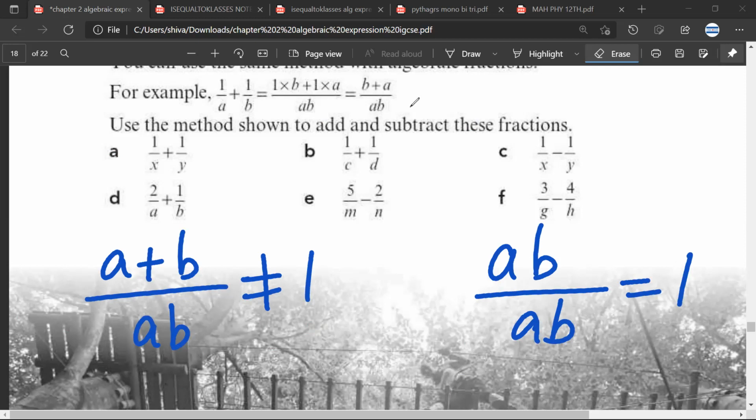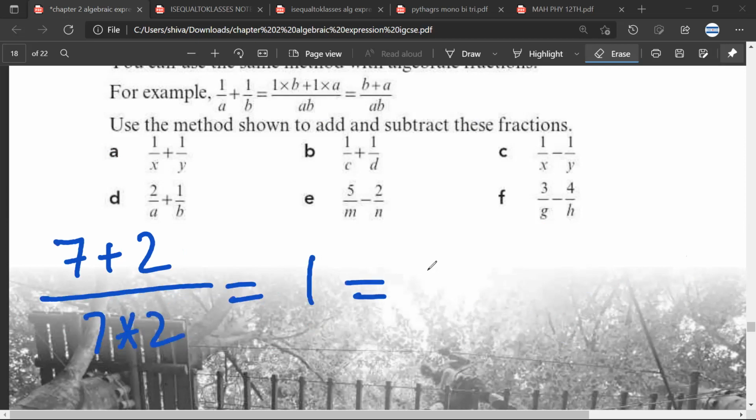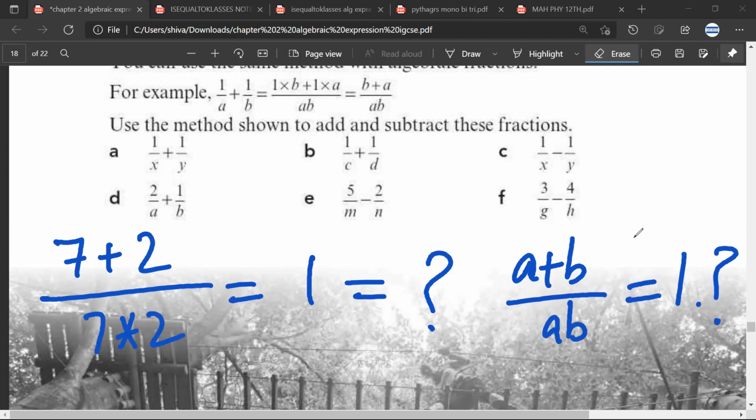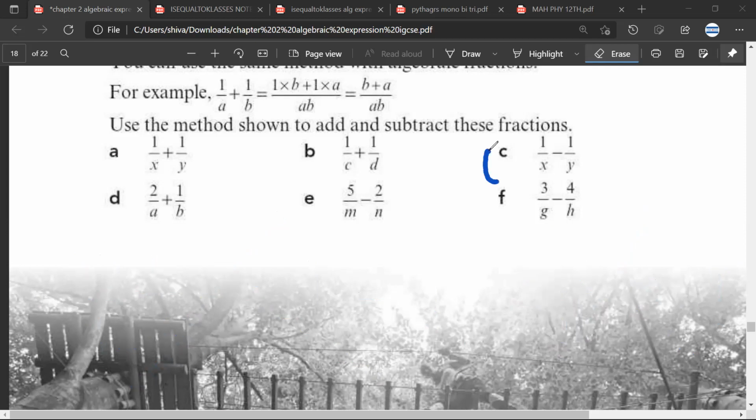No, sir. See, it is pretty simple. Is 7 plus 2 and 7 into 2 equal to 1? No. So how can this be equal to 1? Yes, sir. Mr. Satya, any doubt? No, sir.